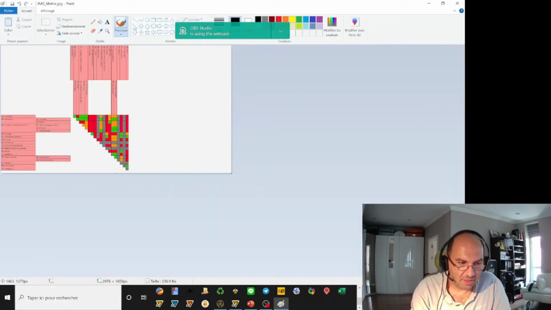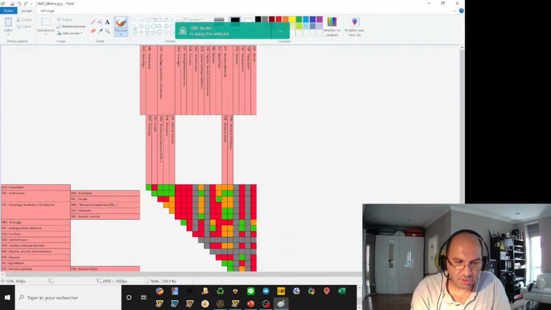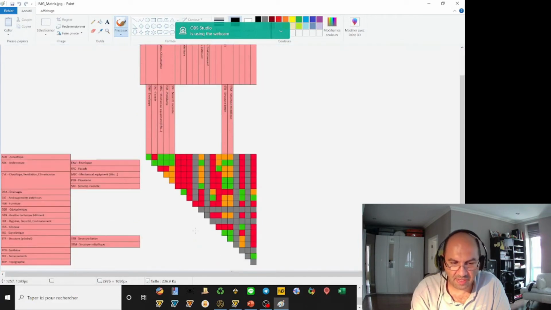So I'm sure the list of disciplines used here are reflecting the disciplines that are in my tables. I'm sure that this diagram is completely reflecting my strategy all the time.